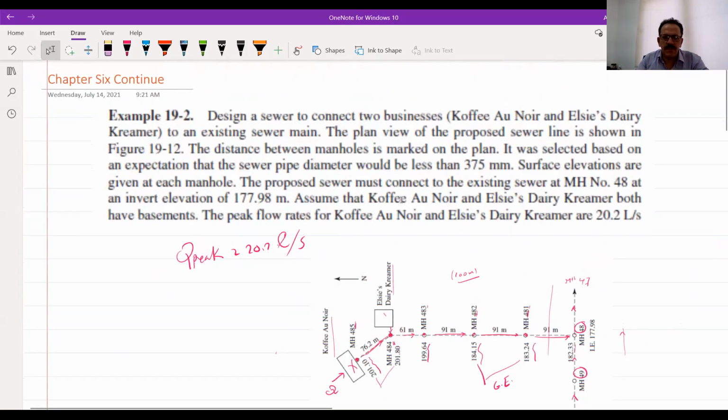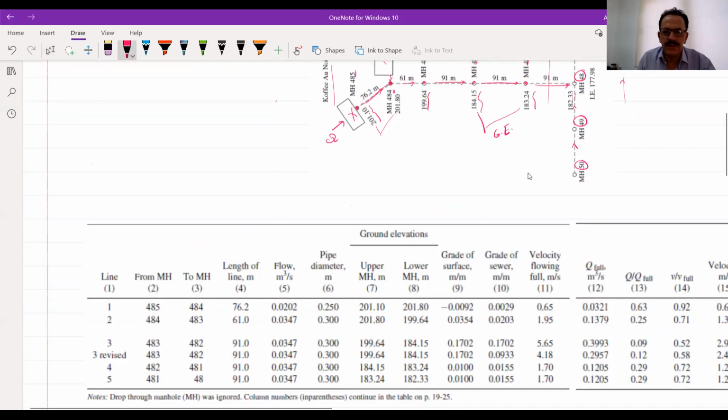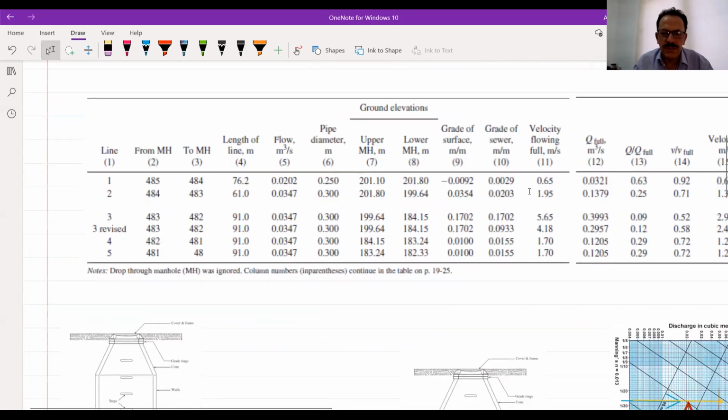Now, how shall we start? We will start with, first of all, putting the manholes here. And this is a very, very important table. You need to have this design table at least for your design project.